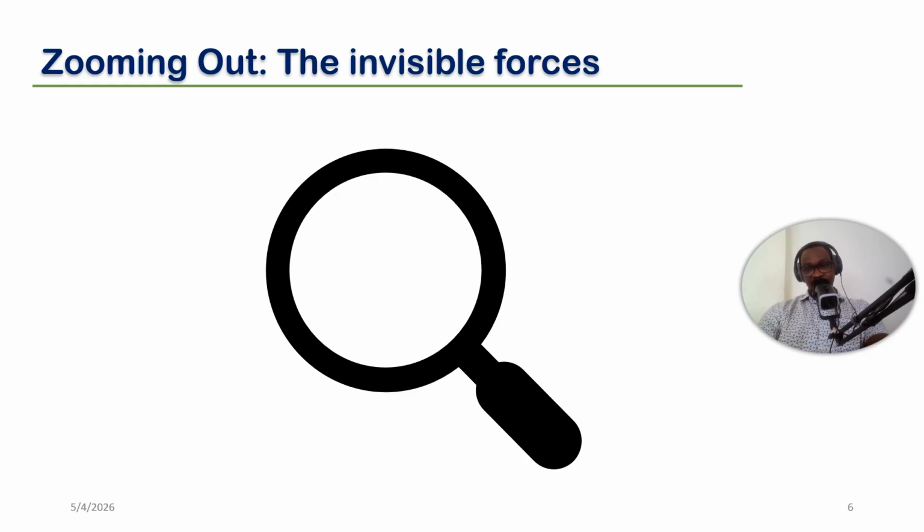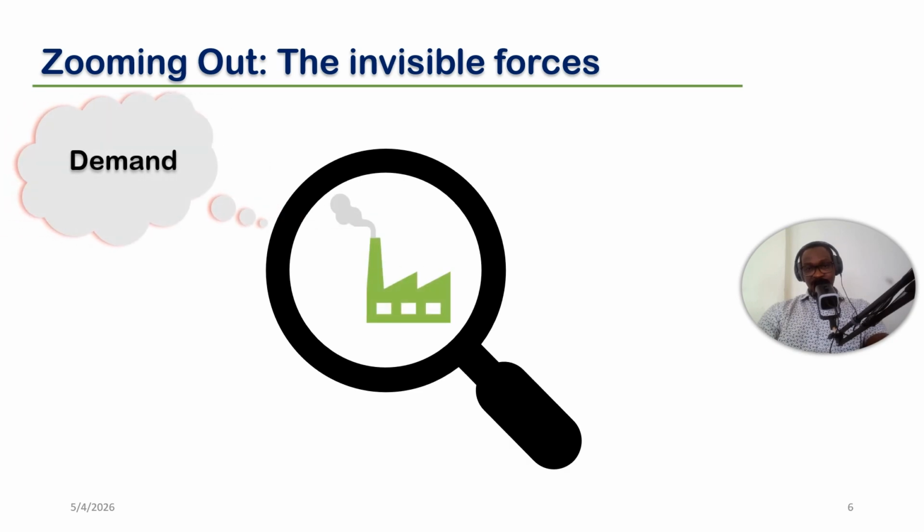There are several issues one has to look at. To start with, one has to do with demand. Here you're looking at the willingness to pay and the ability to pay. So demand is not just about the number of people available or those who are using a unit, but it's the ability to afford the services that you're providing.